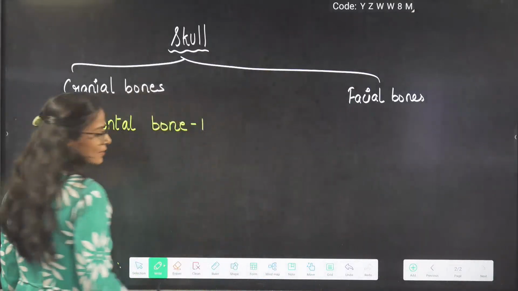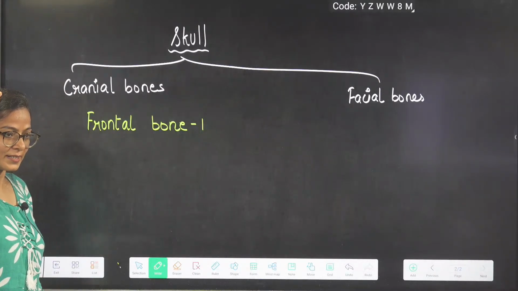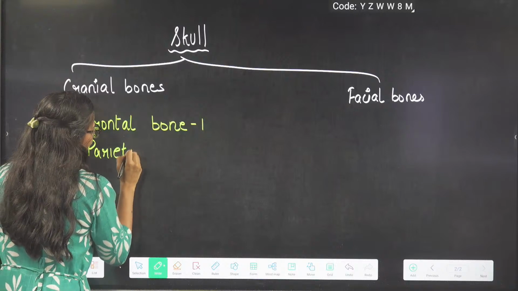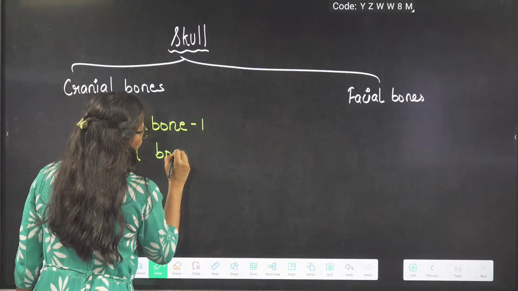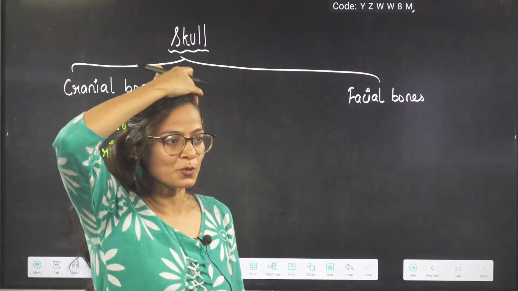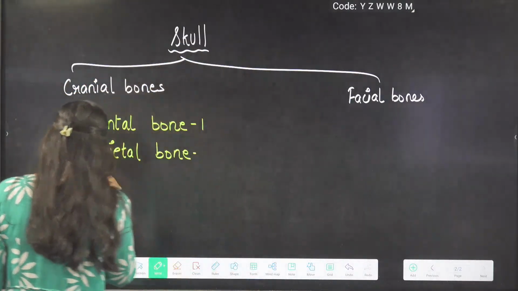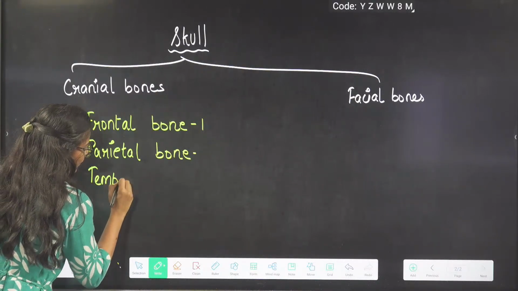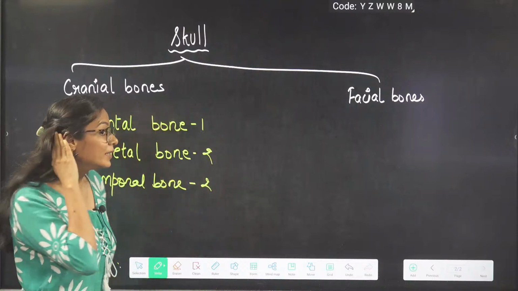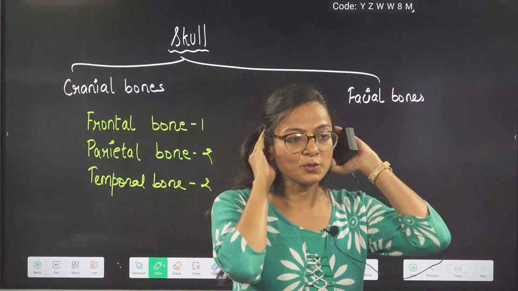So frontal is one. Then after this, on the top here, right? Here you have which bone? Parietal bone, right? Frontal, and then these two, there are two bones like this on either side, called parietal bones. Then temporal. Always remember, temporal is near the ear, back of the ear, right? You have two ears, so two temporal bones.